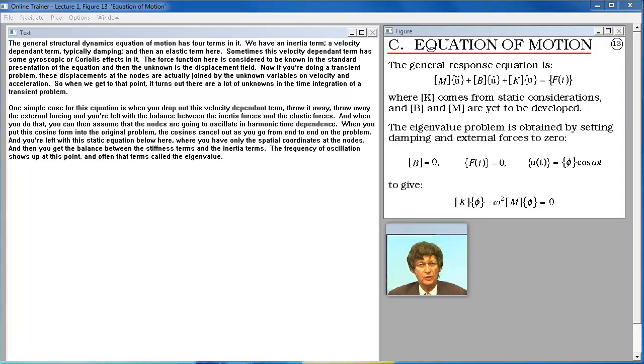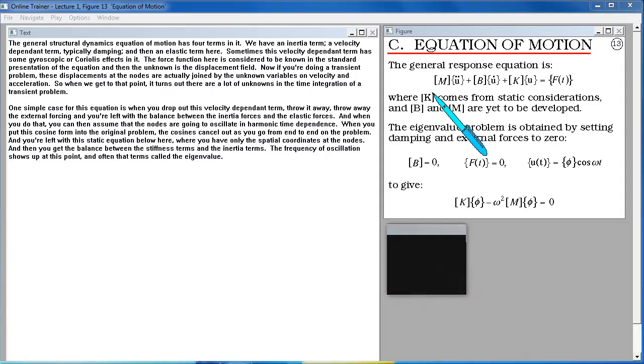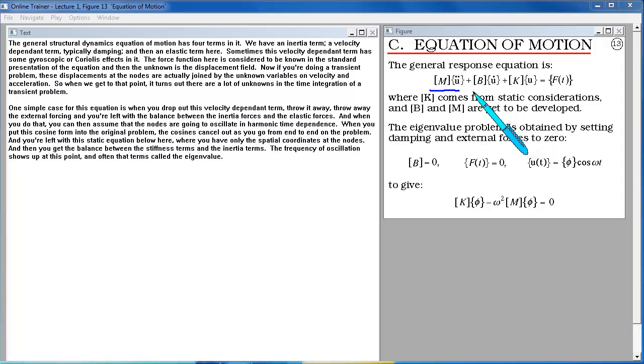The general structural dynamics equation of motion has 4 terms in it. We have an inertia term, a velocity-dependent term, typically damping, and then an elastic term here. Sometimes this velocity-dependent term has some gyroscopic or Coriolis effects in it.